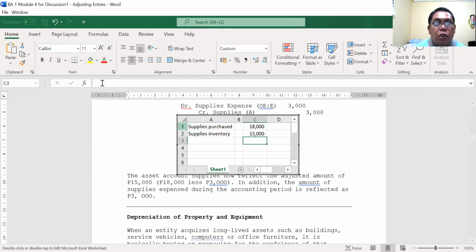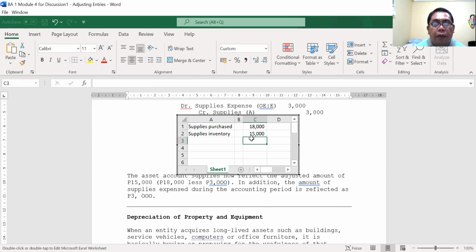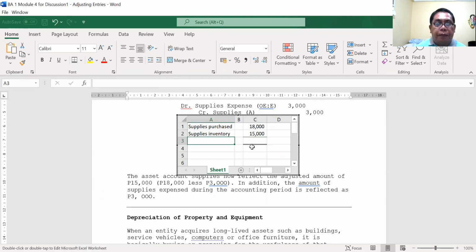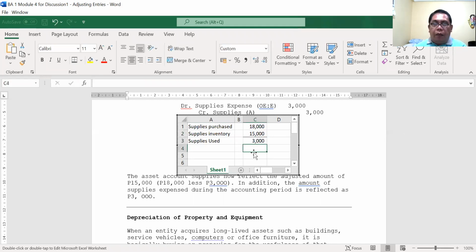Again, this is just to show you how to compute for the supplies expense account.